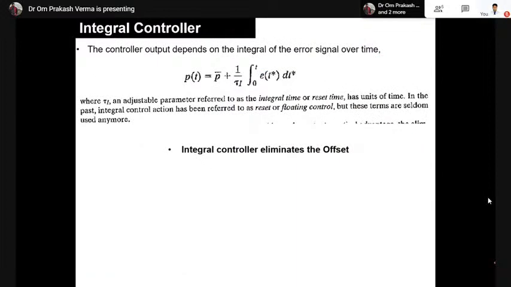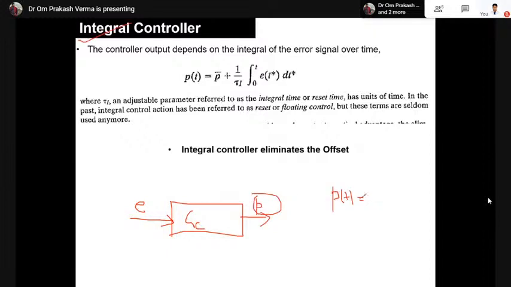So the integral controller is, again, suppose we have one controller Gc, and this is the error, and this is the output of the controller. This controller output is directly proportional to the integral of e(t) dt, right?